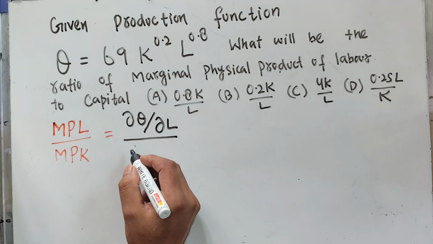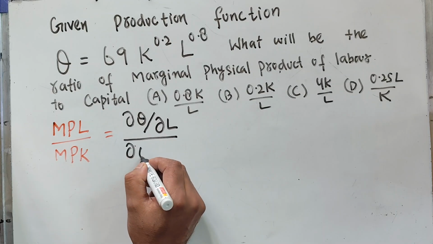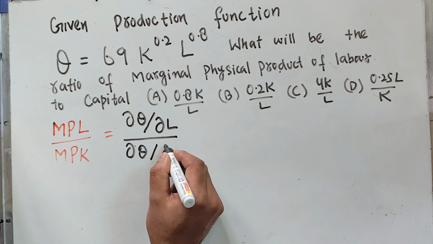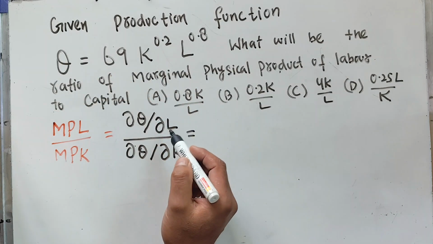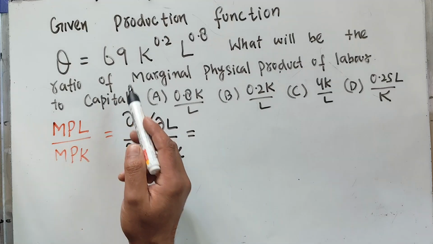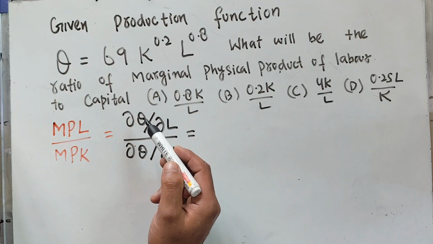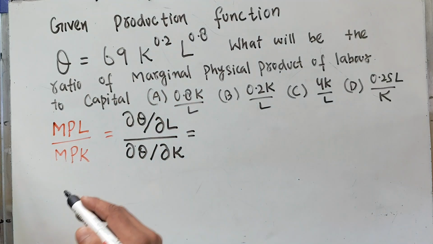Likewise, the marginal physical product of capital means the change in the output due to the change in the units of capital employed. That is, the partial derivative of this function with respect to L gives us MPL. The partial derivative of this function with respect to K gives us MPK.